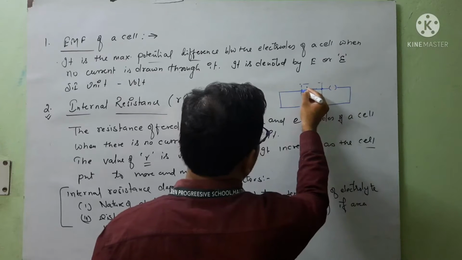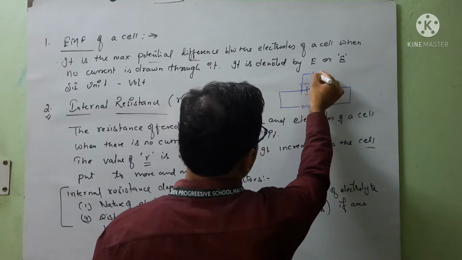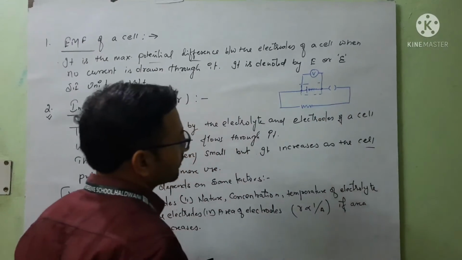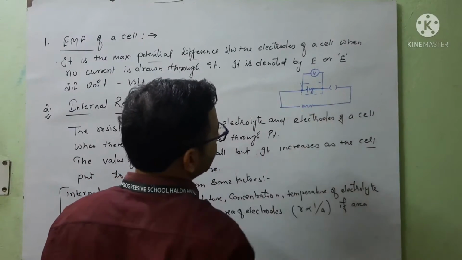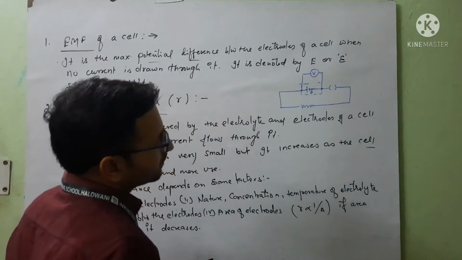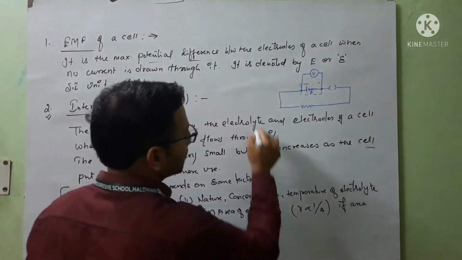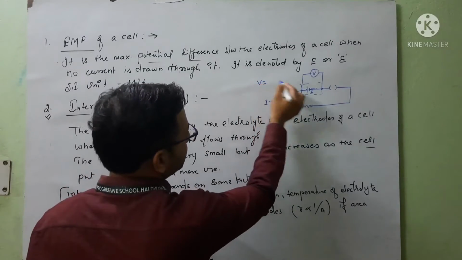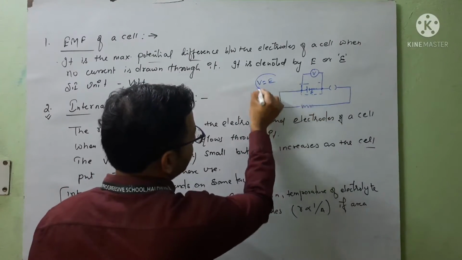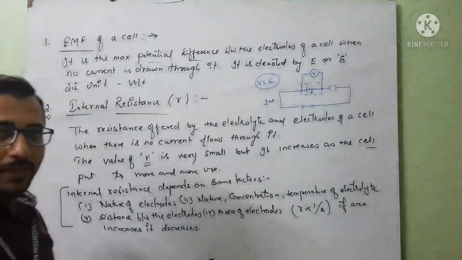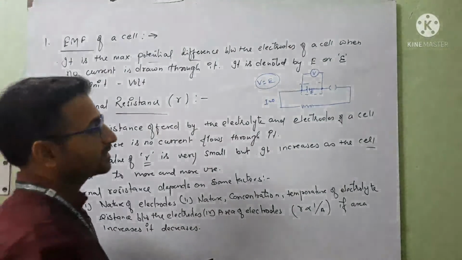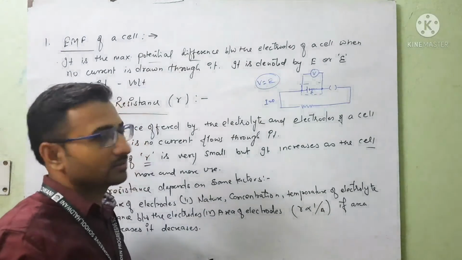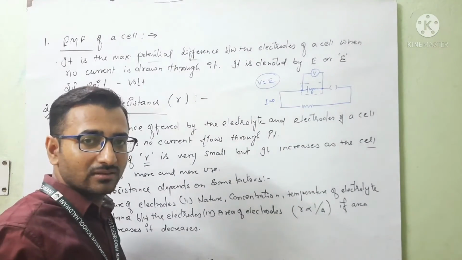These are the terminals which I connect with the voltmeter to measure the EMF of the cell. If no current is drawn through the circuit, V is equal to the EMF of the cell, E, which is measured by the voltmeter connected to the terminals of the cell.